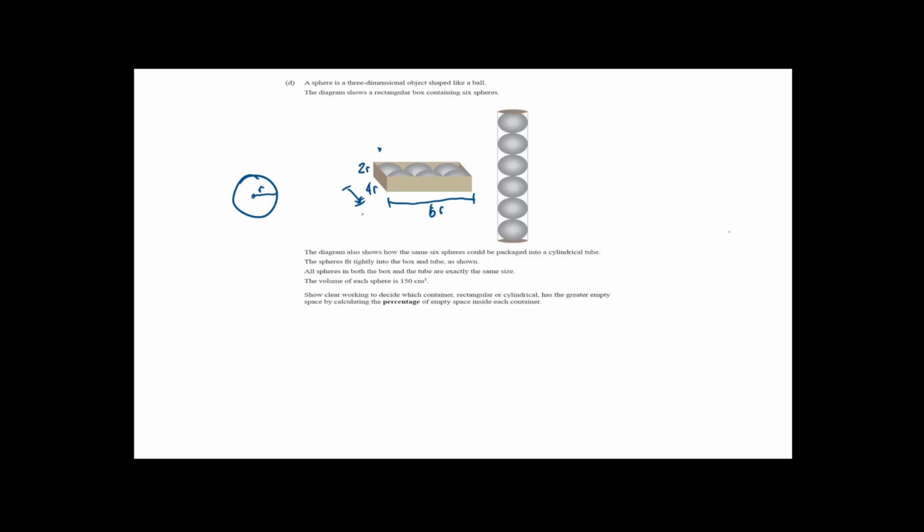So the volume of this one is going to be 2 times 4 times 6. Is that right? 2 times 4 times 6. 48. 48r cubed is going to be the total volume.